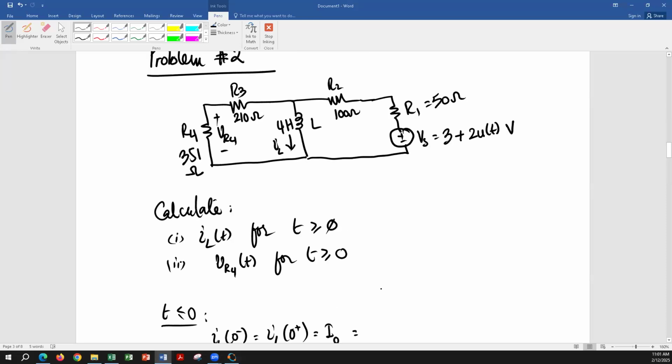Okay. So who is going to tell me how the circuit is going to behave before t is equal to 0? And how are we going to calculate the initial value of current passing through the inductor?